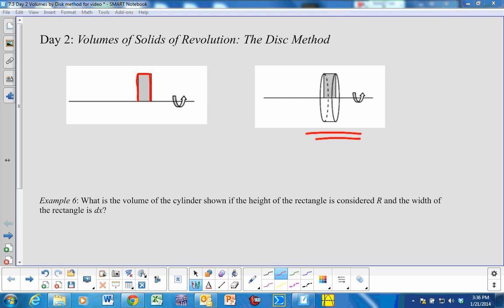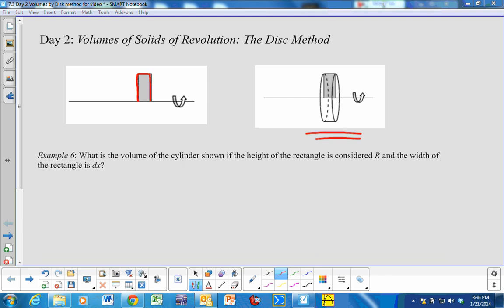So your rectangle for the disk method will always be perpendicular to the axis you're revolving around. The first question is, what's the volume of this cylinder if the height of the rectangle is considered r and the width of the rectangle is dx? If we look at this cylinder, you have to think of it like it's laying on its side.